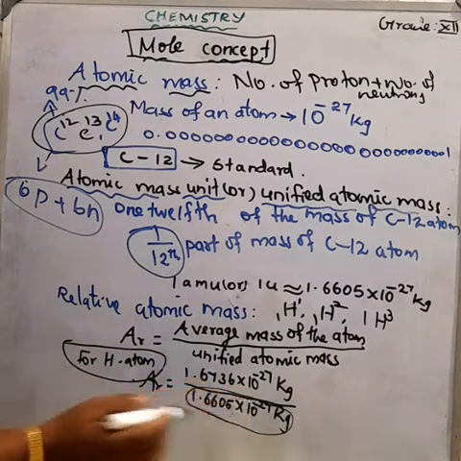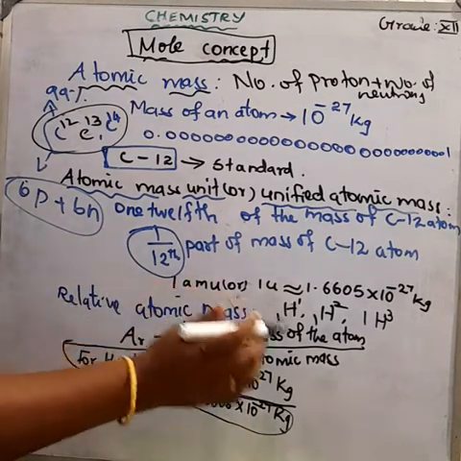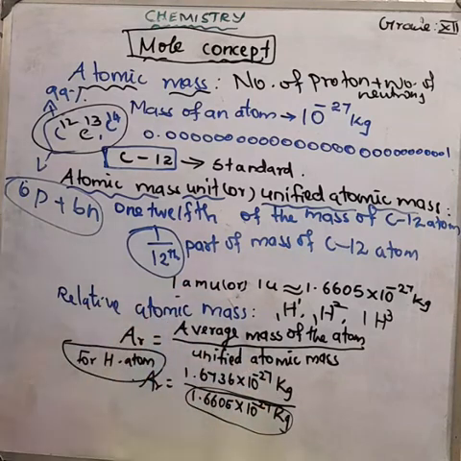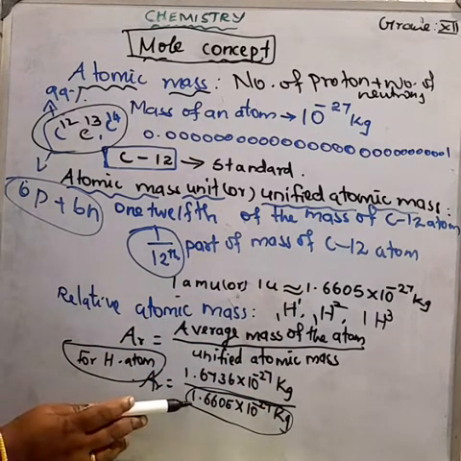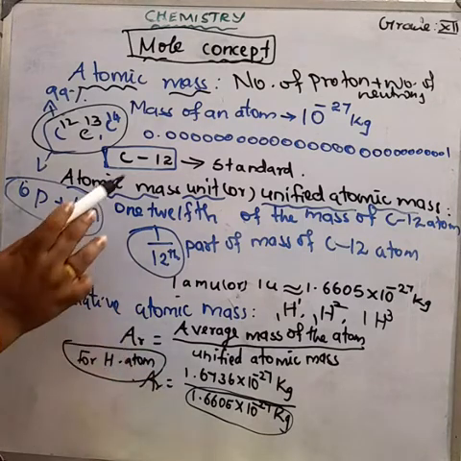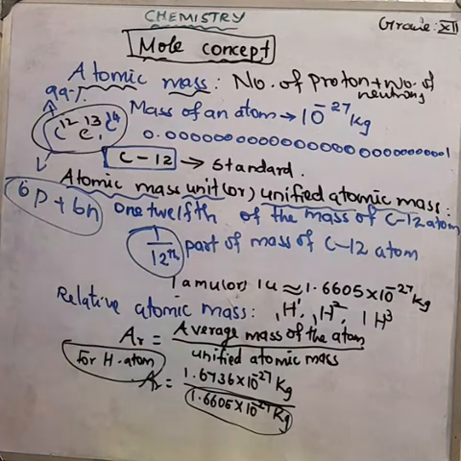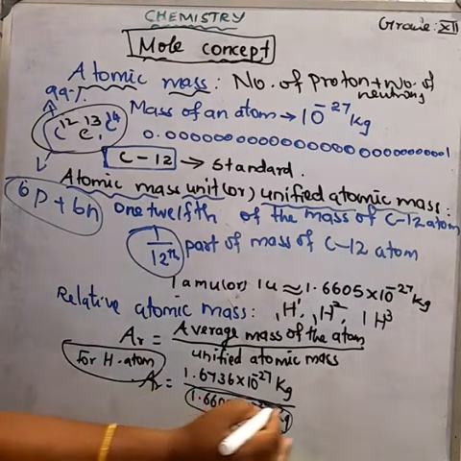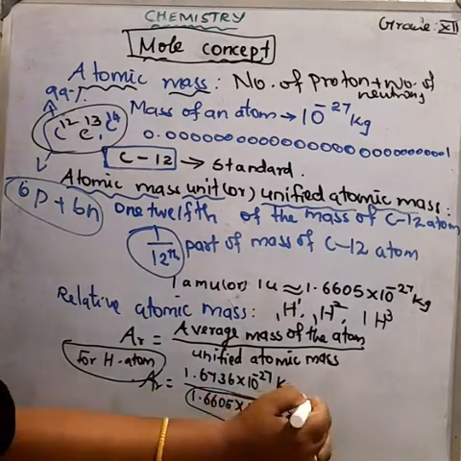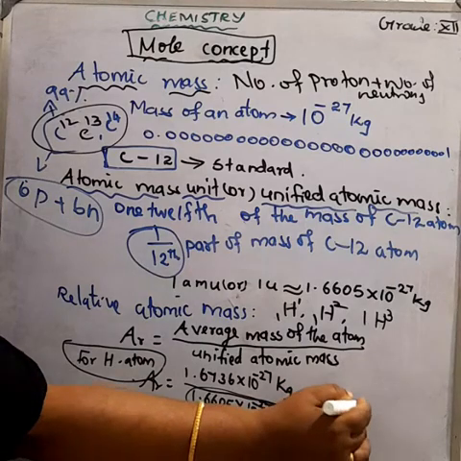So the average atomic mass of hydrogen, 1.6736 into 10 power minus 27 kilogram, divided by the unified atomic mass, 1 AMU means 1.6605 into 10 power minus 27 kilogram. By dividing these two, we get approximately 1.008 u. That is the unified atomic mass.